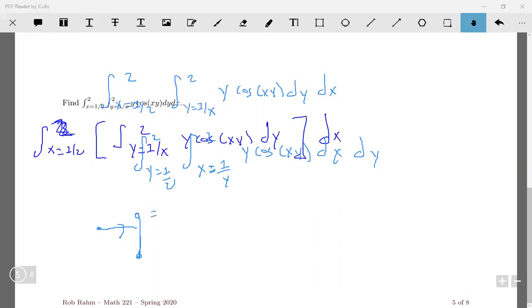Okay, so now if we look at the inside integral, well, the y is a constant, so we can pull the y outside, and then we're just left with cosine of xy. Now, the antiderivative of cosine xy with respect to x is 1 over y sine of xy, and we're evaluating this from x equals 1 over y to 2.